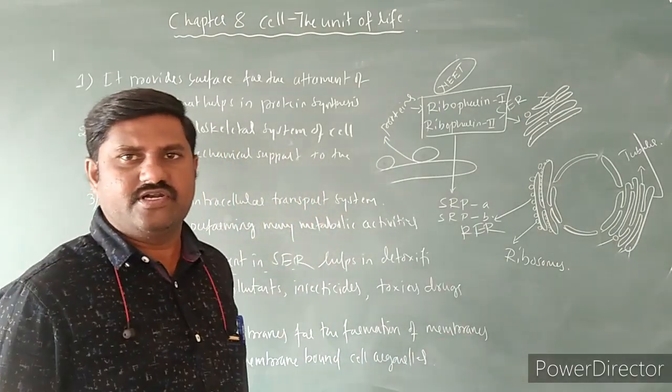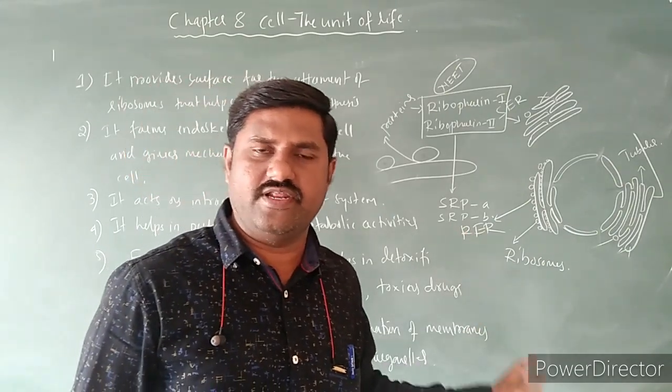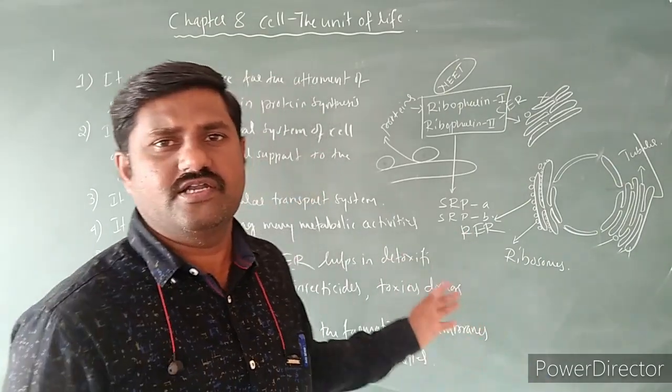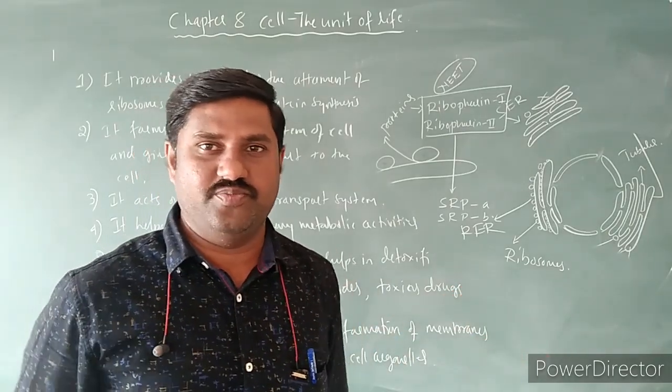Many are there, mitochondria is there, Golgi complex is there, all such kinds of membrane bound cell organelles. It provides what? It provides the membrane, right? So this is also more important.